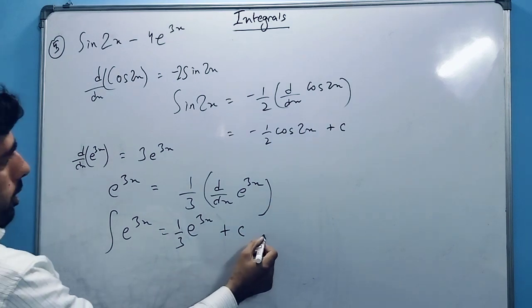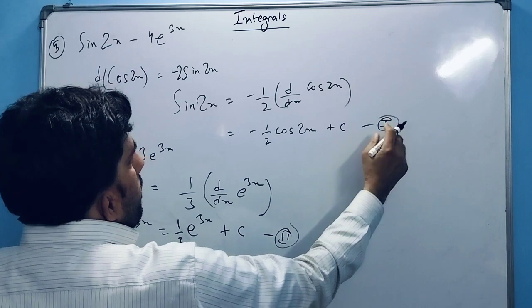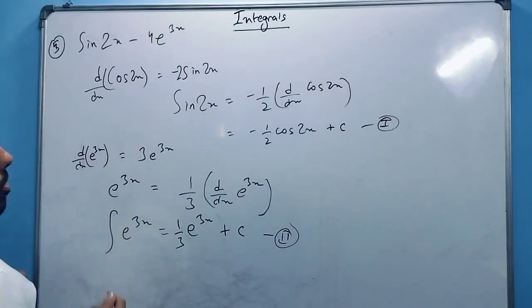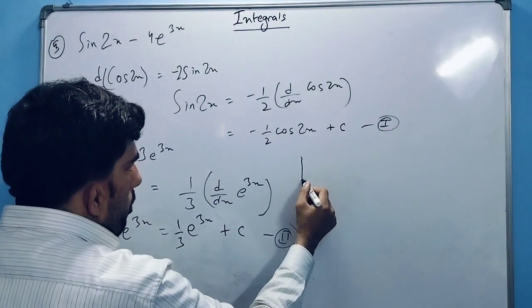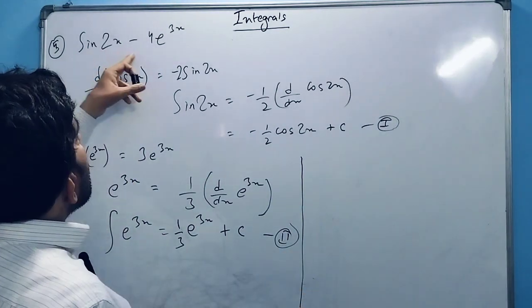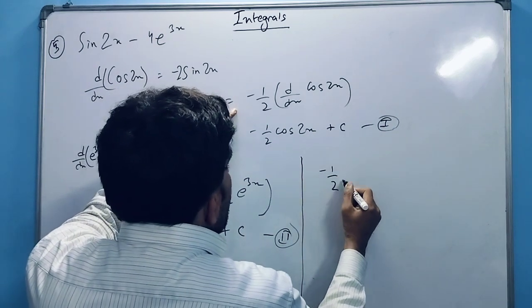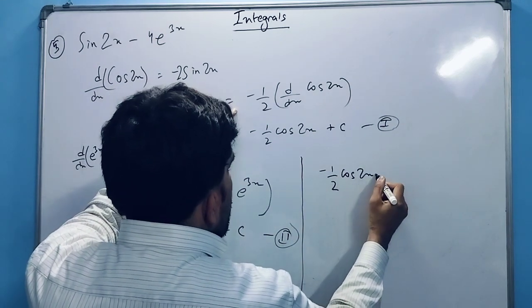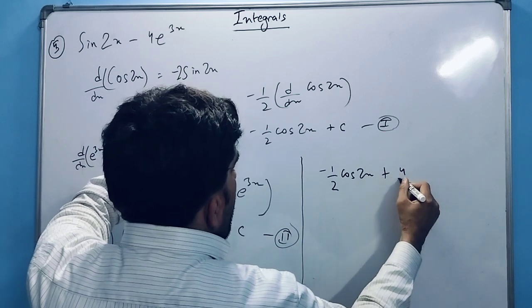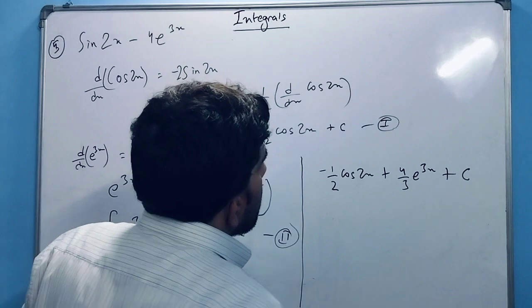Now putting these two values in this, the integral we got here is minus half cos 2x plus 4 upon 3 e raised to the power 3x plus c.